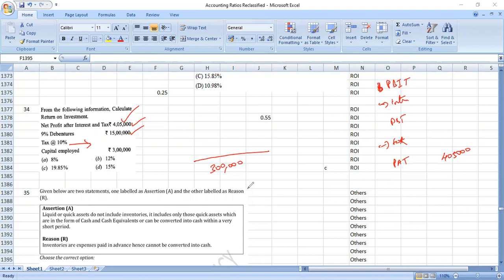Tax we need to calculate. Tax is 10% on profit before tax. We'll assume profit before tax is 100. So tax will be 10 and profit after tax will be 90. So 4,05,000 is profit after tax, so it is 90. Need to find 100.